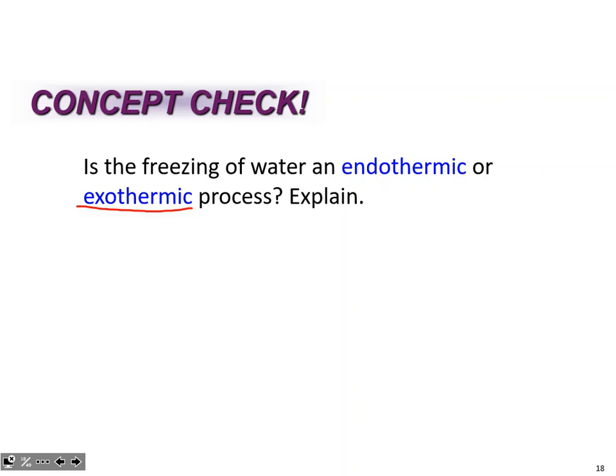They're establishing those IMFs, those hydrogen bonds, and forming a fixed position, becoming solidified. They're still vibrating in place. They still have a little bit of kinetic energy, but they've lost a lot of the kinetic energy that they had in the liquid form because they had a lot more free flow. So that kinetic energy is being lost in the forming of the IMFs, those hydrogen bonds, and we end up exothermic here. Now, this is a good way to remember it.